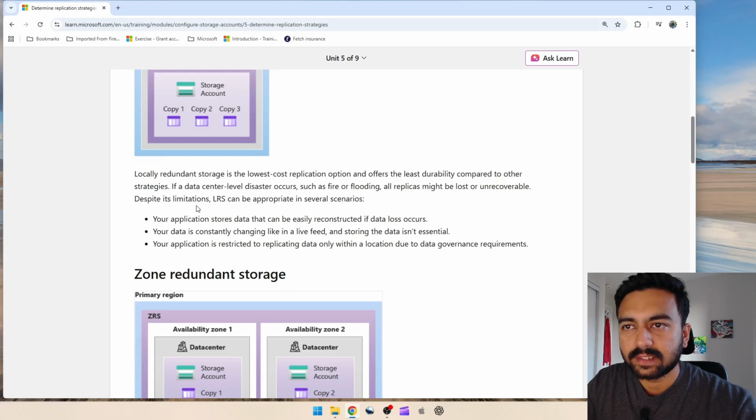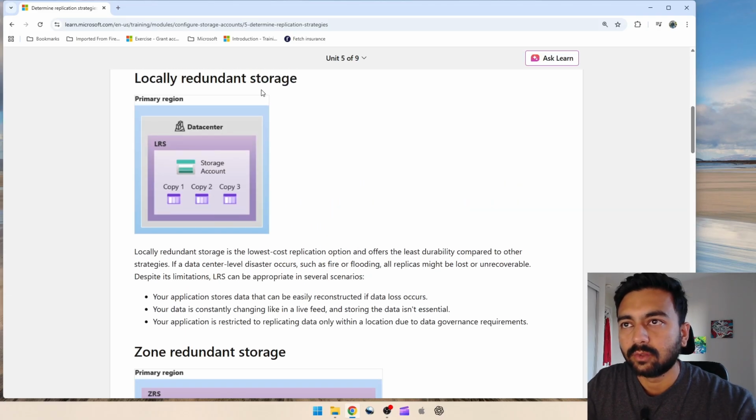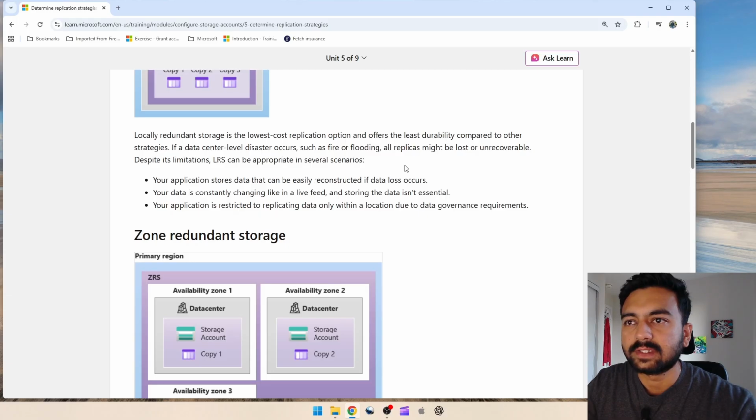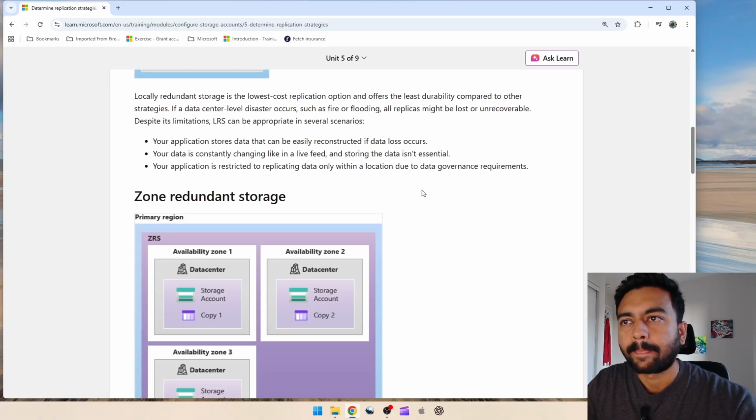But despite its limitations, LRS, locally redundant storage, can be appropriate in several scenarios. Your application stores data that can be easily reconstructed if data loss occurs. Your data is constantly changing, like in a live feed, or storing the data isn't essential. Or your application is restricted to replicating data only within a location due to data governance requirements.